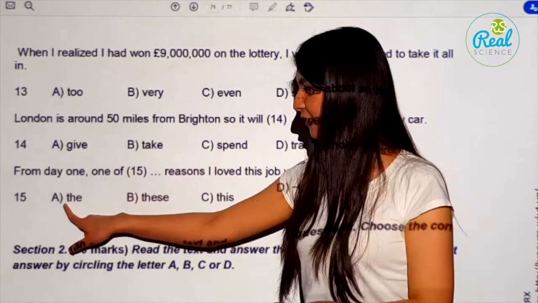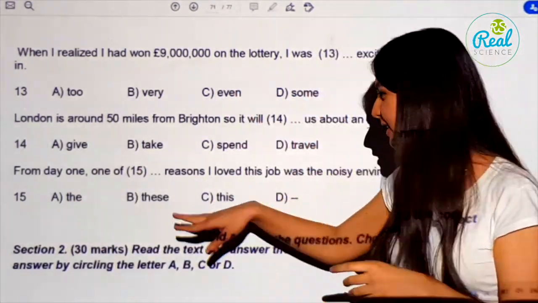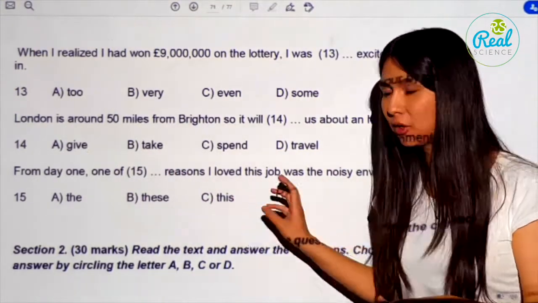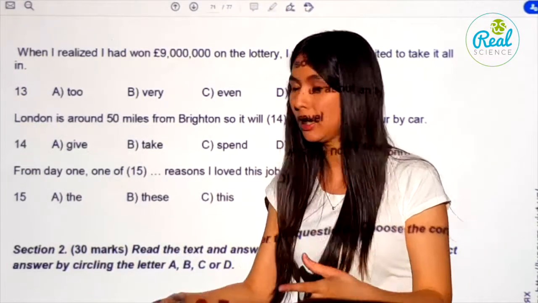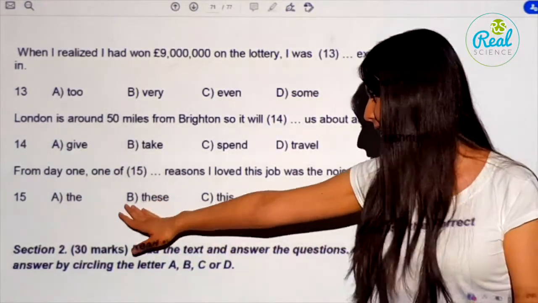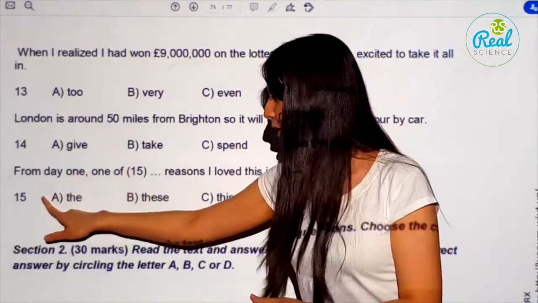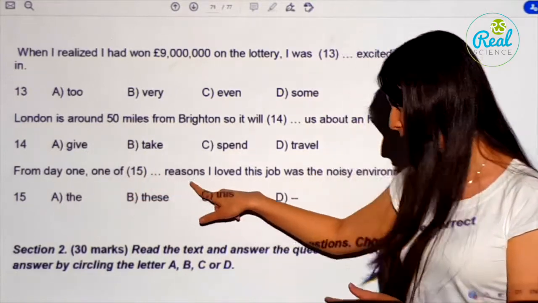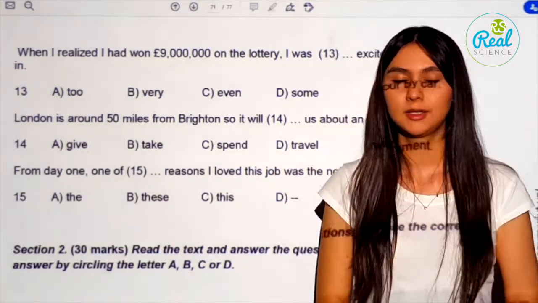As we said, guys, after of you have to put the article there. Why not this? Because before that, guys, we don't have any options to choose this or this. That's why the best option is here, A1. From day one of the reasons I love this job was the noisy environment.